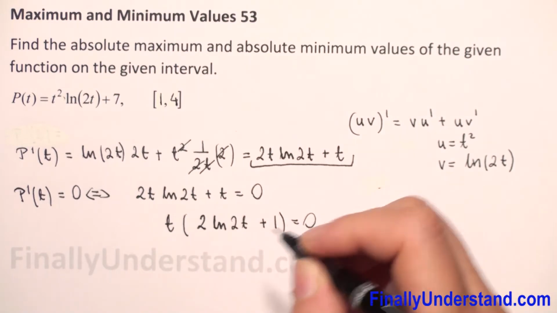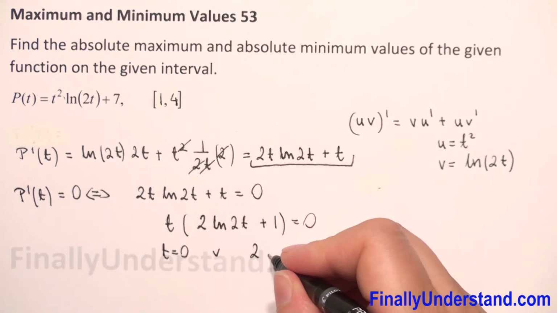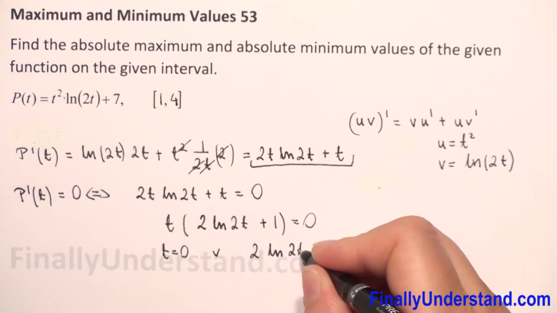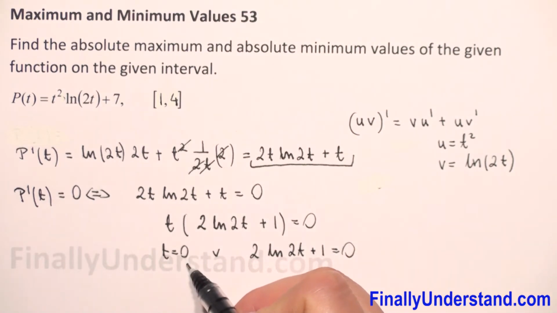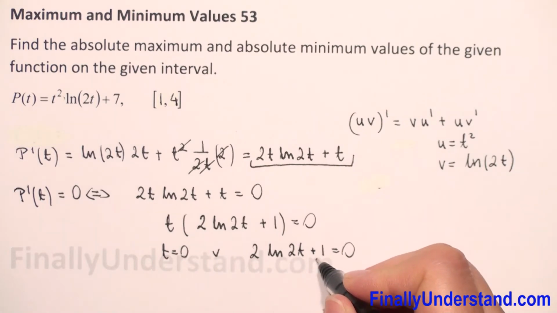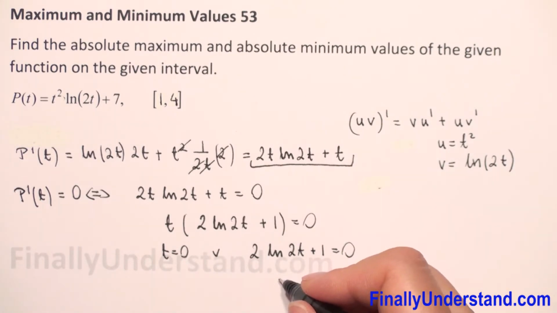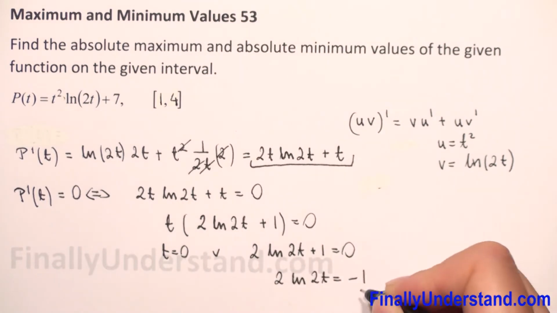This is equal to 0 when t is equal to 0, or 2 natural log of 2t plus 1 is equal to 0. The first equation we have solved, and in this one we move the positive 1 to the right side, so we will have 2 natural log of 2t is equal to negative 1.